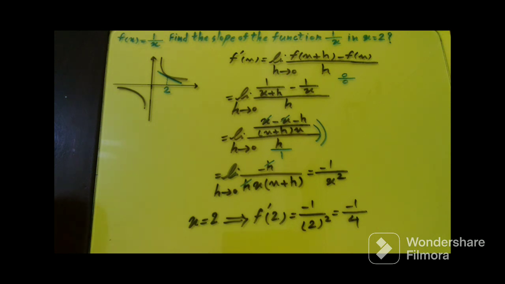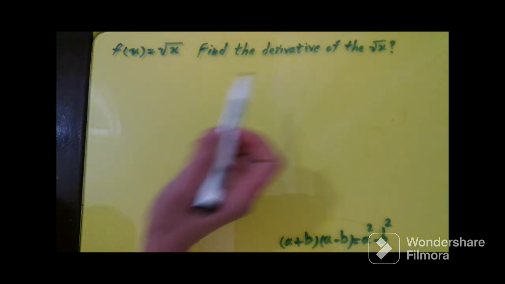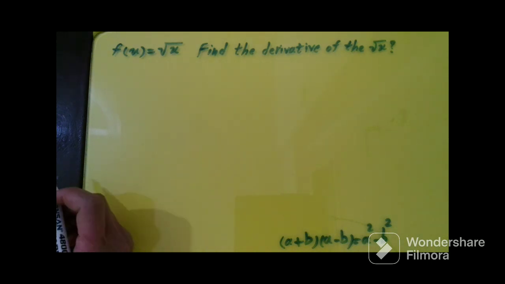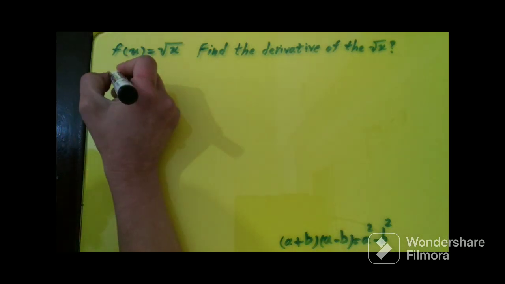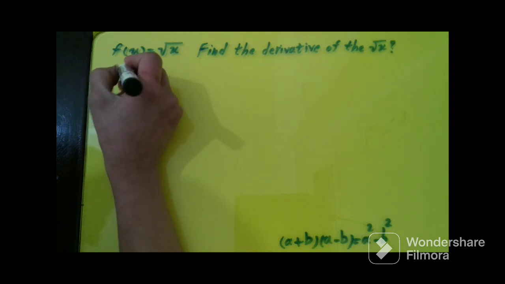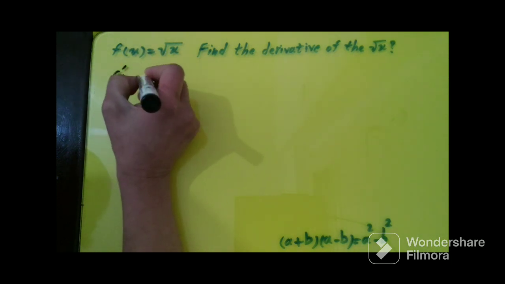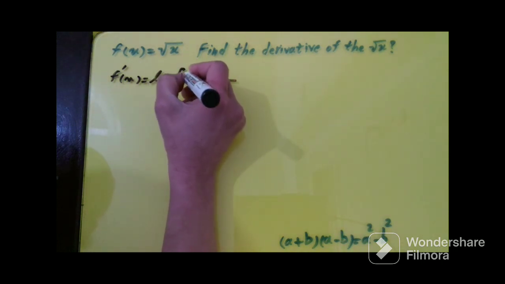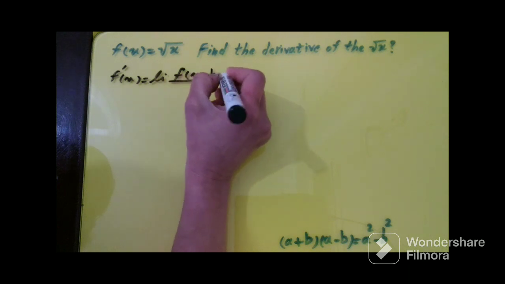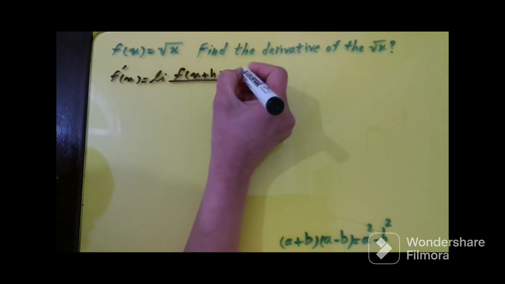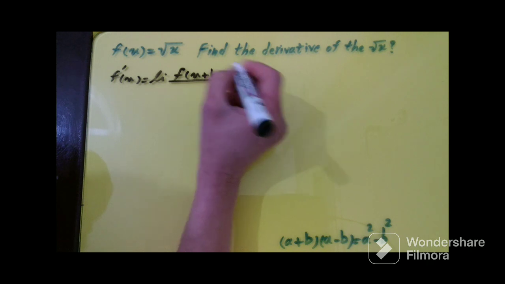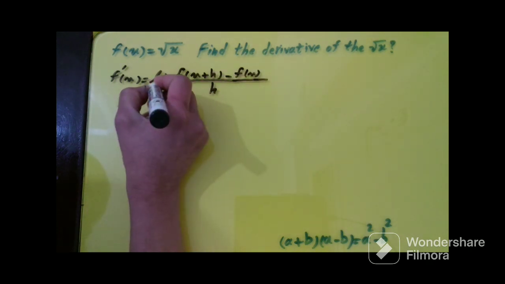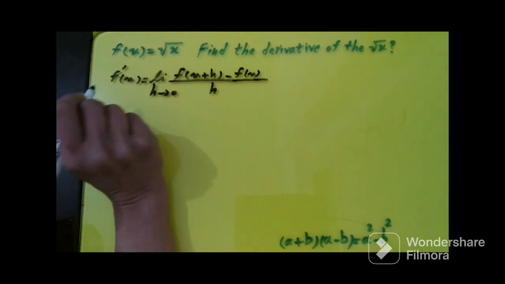Now I'll solve the next question. Okay guys, next problem. In this problem, we should find the derivative of the square root of x. First of all, we should write the derivative function. So it's f prime of x equals limit of f of x plus h minus f of x all over h as h approaches 0.